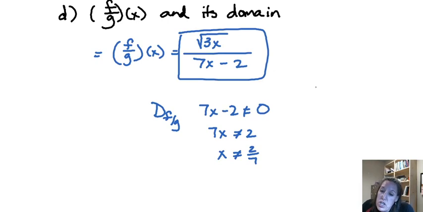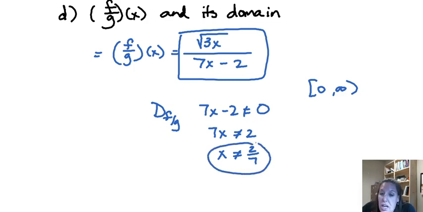So now we're going to start with the domain that we had above, which was 0 to infinity, but we'd have to throw out anything that makes that denominator 0 because it's a fraction. And so when we throw this out, that means that 2/7 is between 0 and infinity.